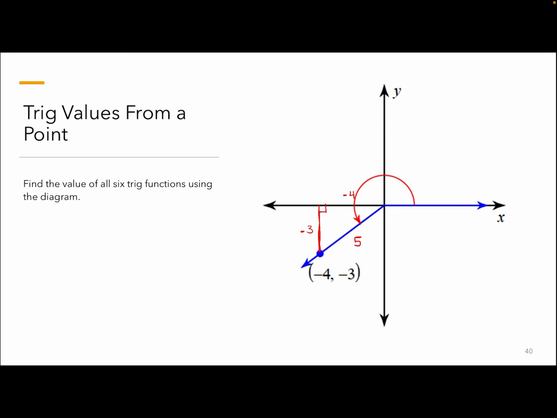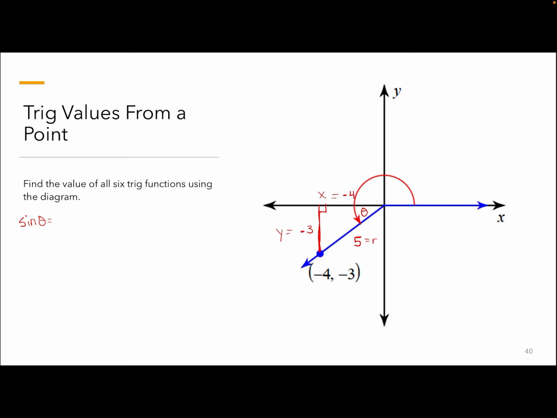So now if this is our angle theta using a reference angle, remember the reference angle is going to give us the same trig values up to a positive or a negative. So the radius is 5. This is our r value, this is our y value, and this is our x value.